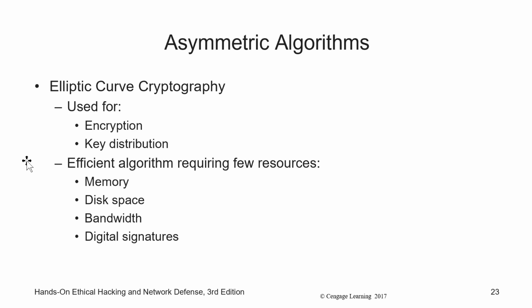Elliptic curve cryptography was really built for low power devices. If you wanted to perform asymmetric algorithms on an IoT device, you can't use some of the other algorithms. So ECC was created for that. And essentially it uses the points on an ellipse to determine various keys that can be generated.